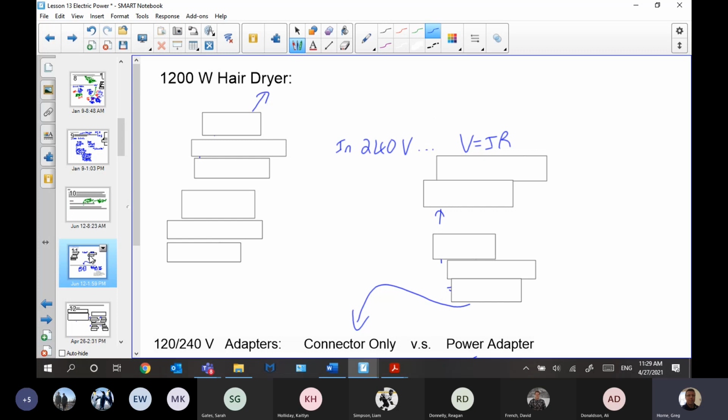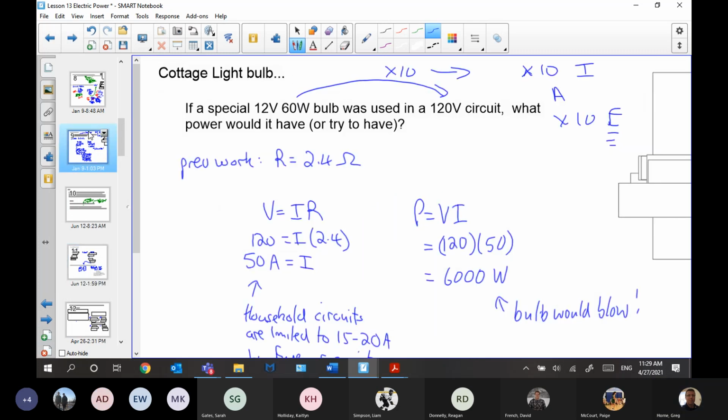Why is it 4 times as much and not just 2 times as much? Well, because of this idea here that 10 times the voltage is going to cause 10 times as much current. So you have 10 times as much current, but you have to remember that there's 10 times as many coulombs going through, and each one of those is going to carry 10 times as much energy.